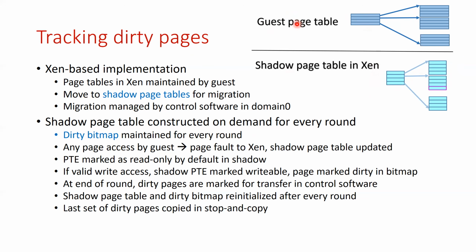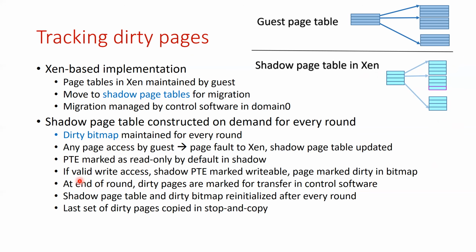So whenever the guest wants to write to a page, because by default all guest memory is read-only, that will trap to Zen, and Zen will give the permission to write after noting that the page has been marked as dirty in the dirty bitmap. Once you make note of the page as dirty in the bitmap, the page in the page table is given read-write permissions, and all subsequent writes don't have to cause a page fault; they will go as normal.